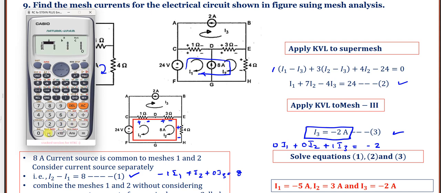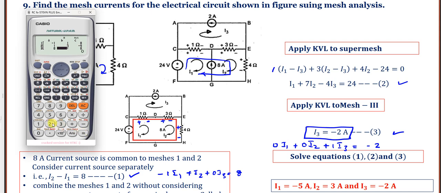Okay, equation number 1, coefficients are minus 1, 1, 0 is equal to 8. Second equation 1, 7, minus 4 equal to 24.